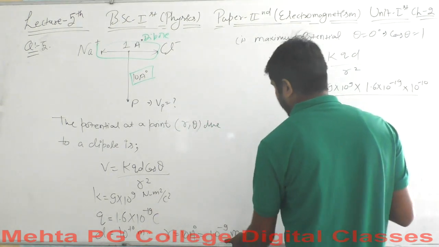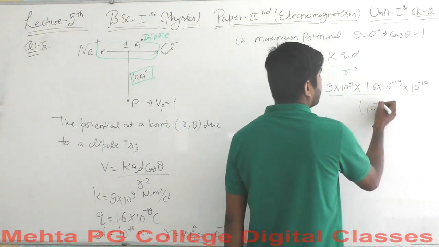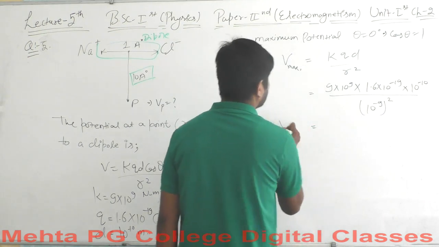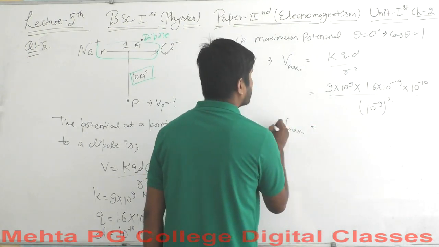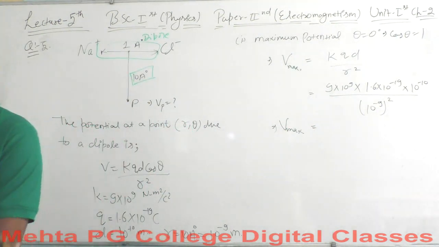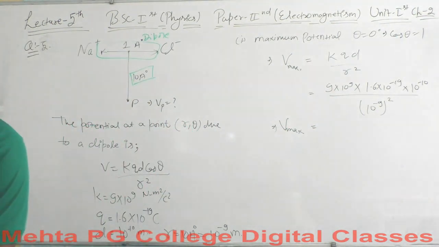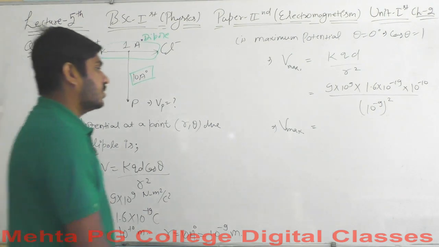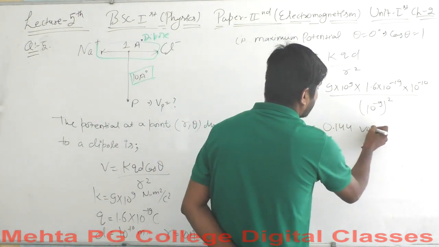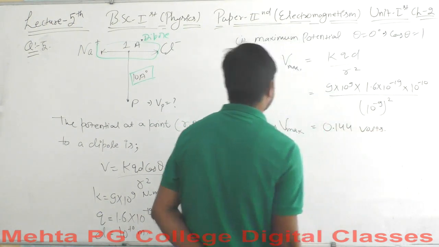R is equal to 10 to the power minus 9 meter, so 10 to the power minus 9 squared. So what should be the value of maximum potential? I am not going to calculate all these values, but I will just write the result here. That is equal to 0.144 volts. Volt is the unit here.